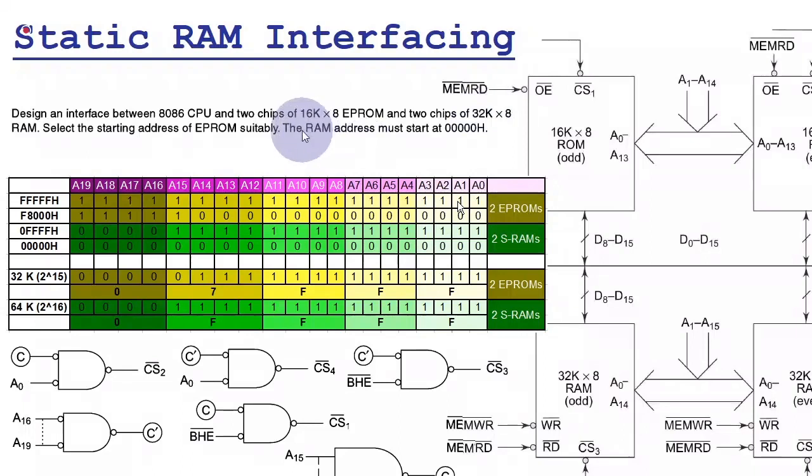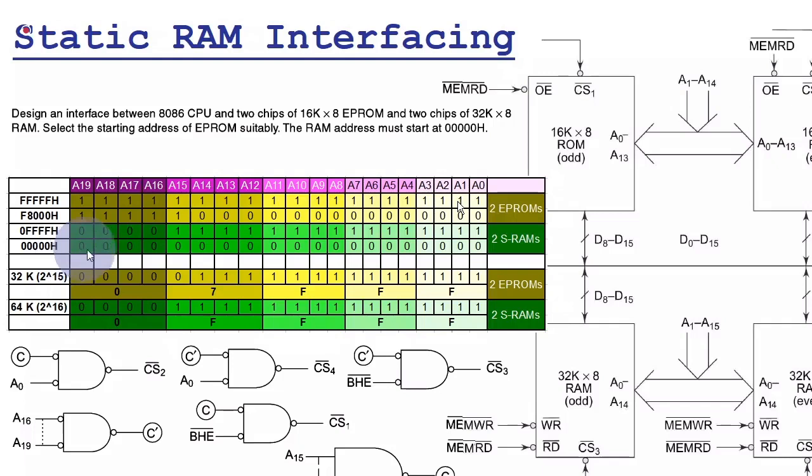They have already given us the constraint that the RAM address must start from 00000H. Since the starting address is fixed, let us fix the starting address 00000H. In binary, it will be all zeros. Now, what will be the last address? How will you calculate the last address?